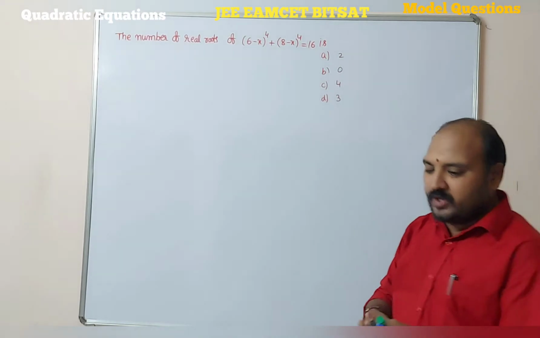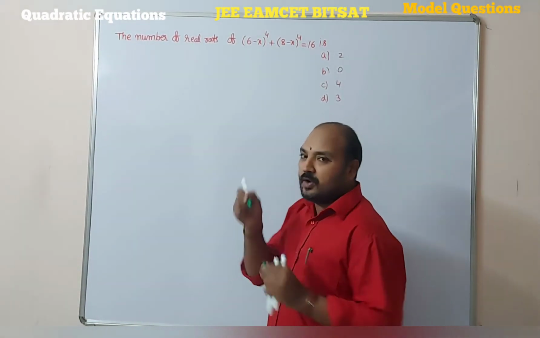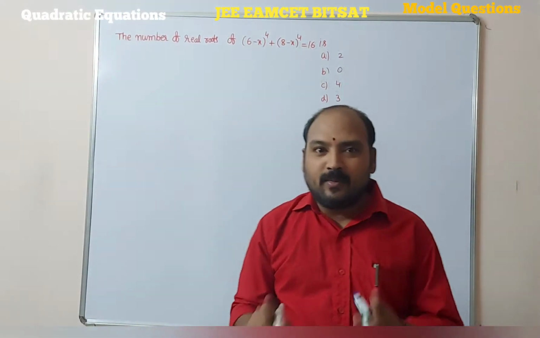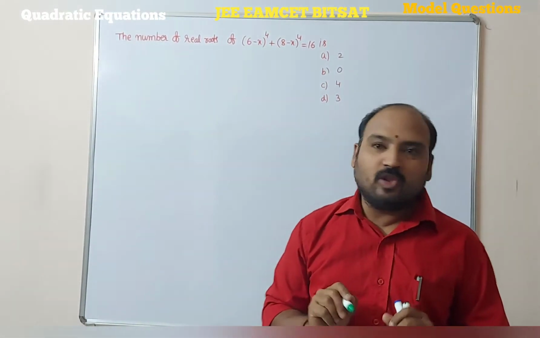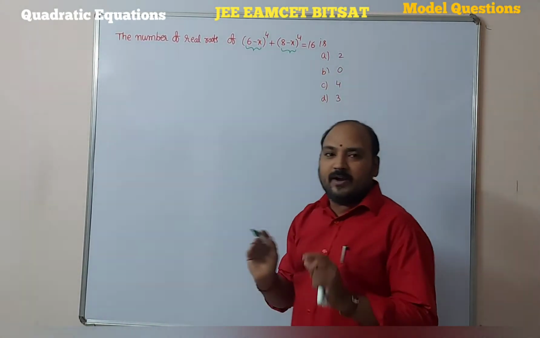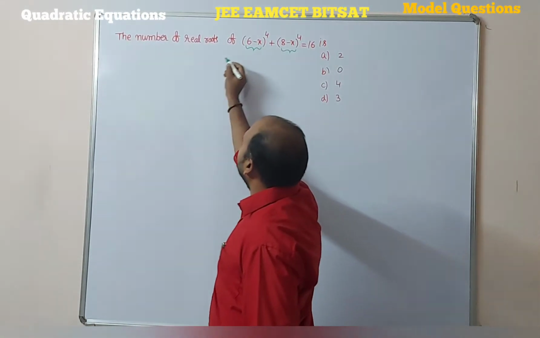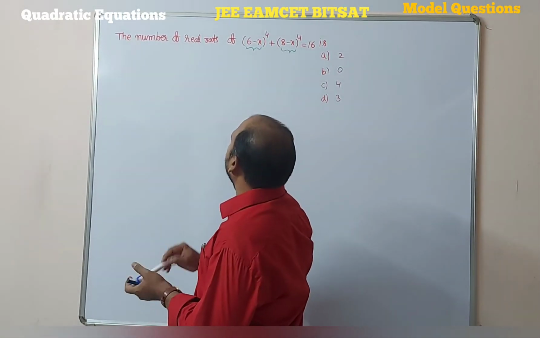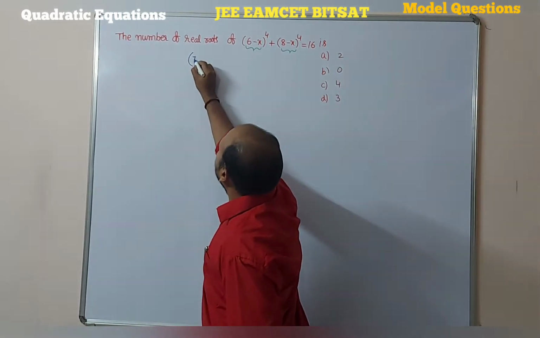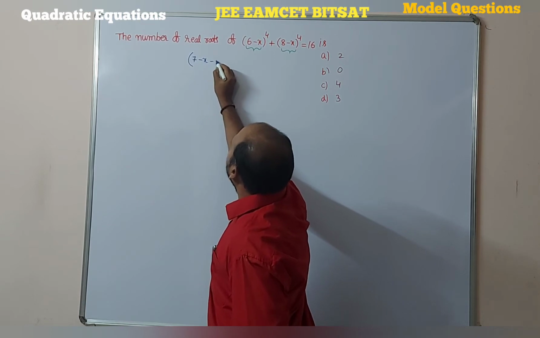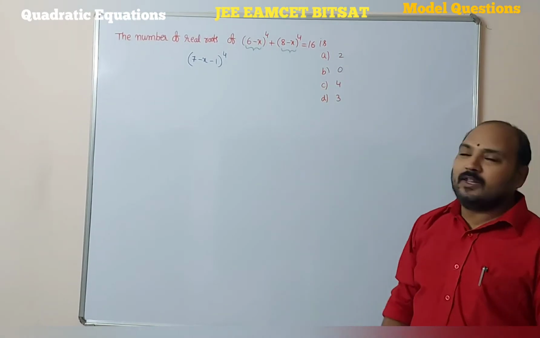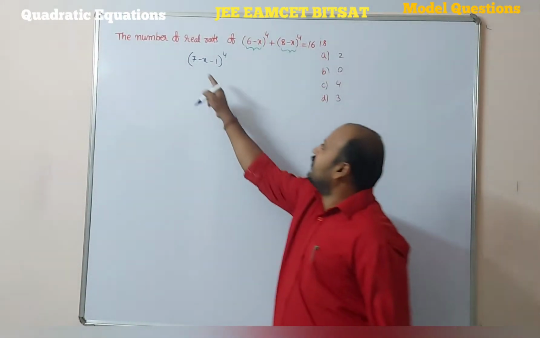So what we have to do here, some logic: observe carefully, here 6 is there, here 8 is there. In between 6 and 8, 7 is there, no? So these terms, in terms of 7 you have to write and then simplify. 6 − x can be written as (7 − x − 1)⁴, meaning cannot be changed. 7 − 1 is 6 only.